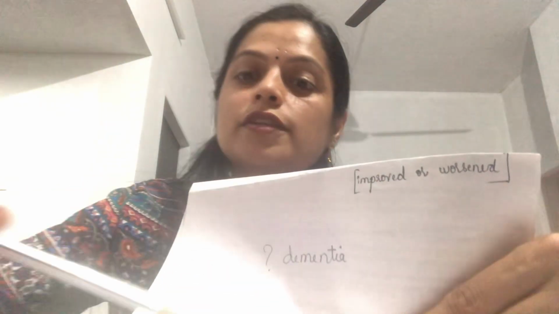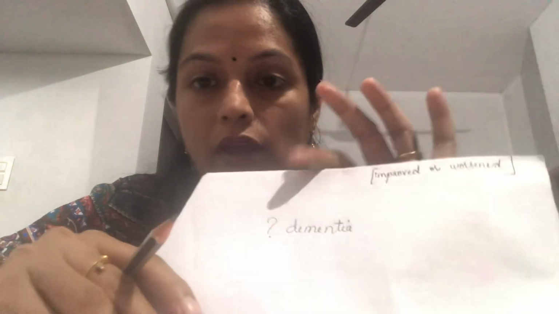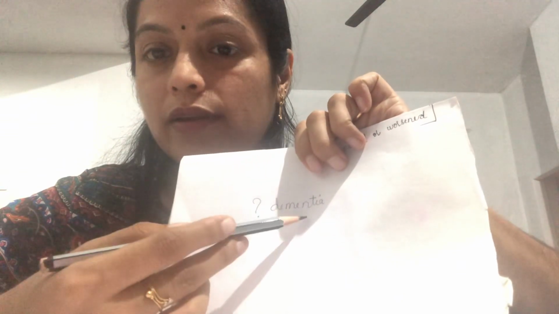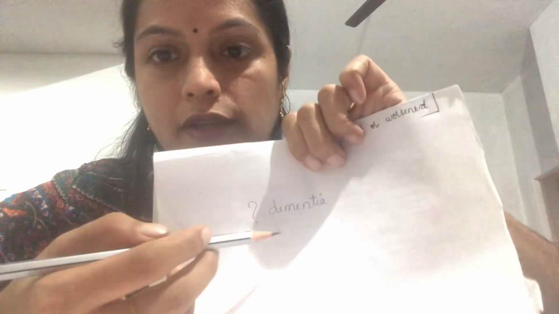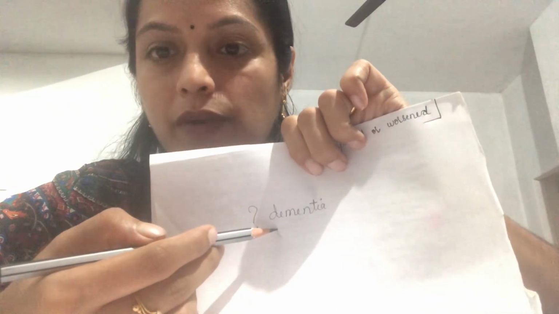Okay, for the suspected case, one more thing. In the case note, initially they will mention query dementia. After that they will start some treatment. They will guess maybe he may have dementia, so for that reason they will start some treatment.